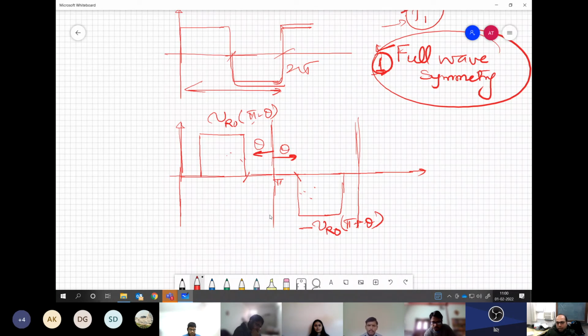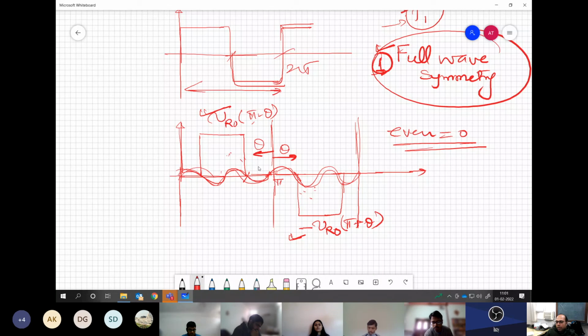Then in that case, we can ensure that if you are having even harmonic multiplication with this, it will cancel out to be 0. So if a waveform contains this kind of symmetry, there is guaranteed to be no even harmonics, because it will exactly cancel out whatever you have on both the halves, as we have seen for the square wave.